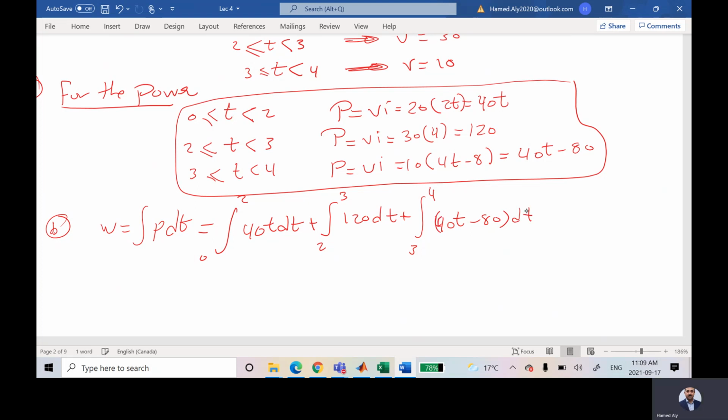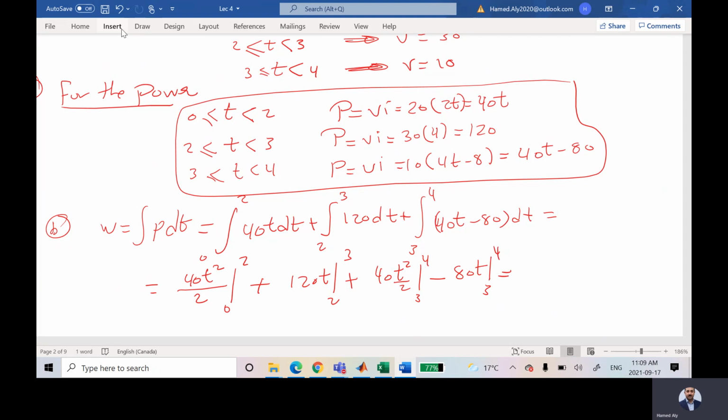So this will be equal to: the integral of 40t is 40t squared divided by 2, from 0 to 2, plus 120t from 2 to 3, plus 40t squared divided by 2 from 3 to 4, minus 80t from 3 to 4.